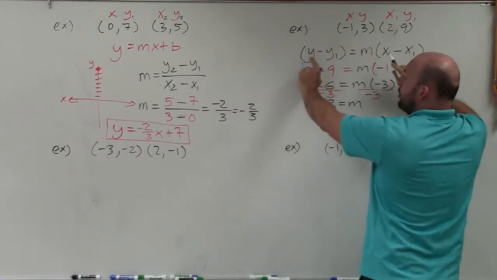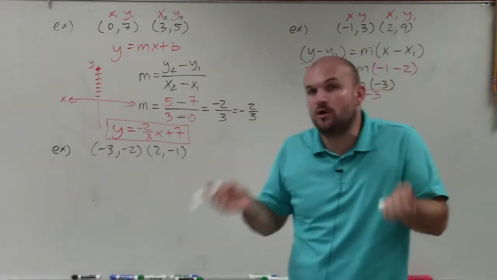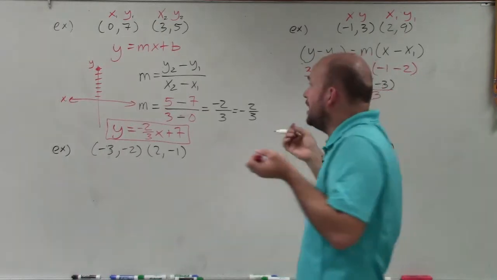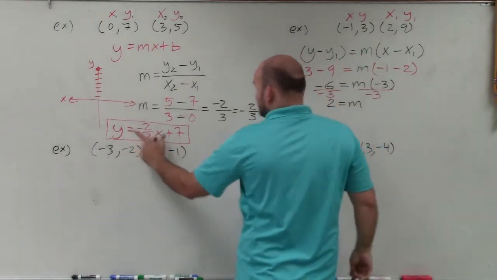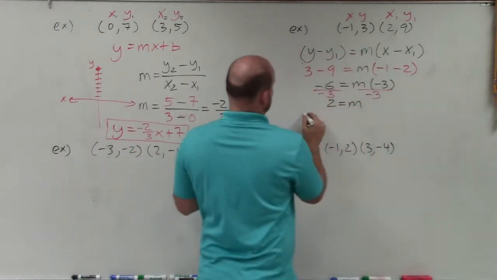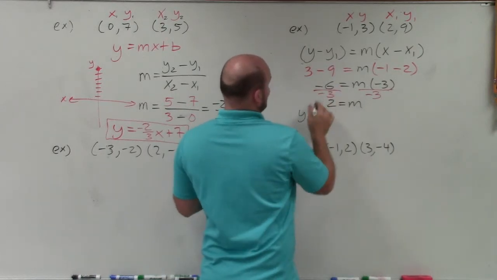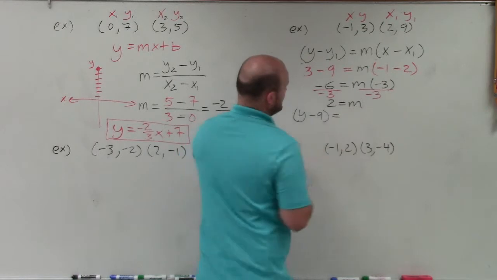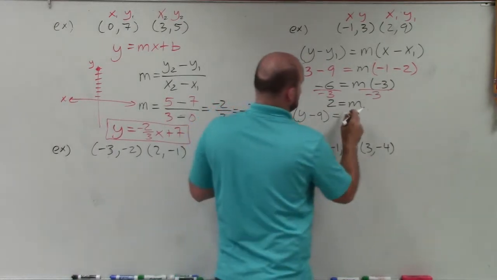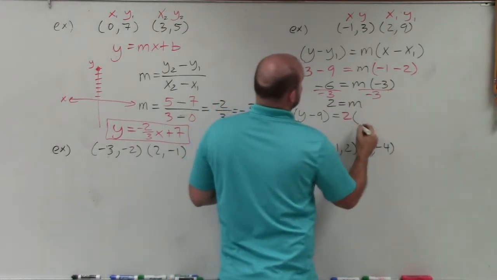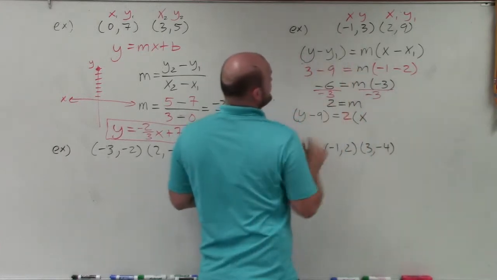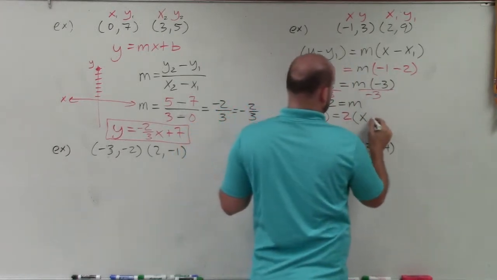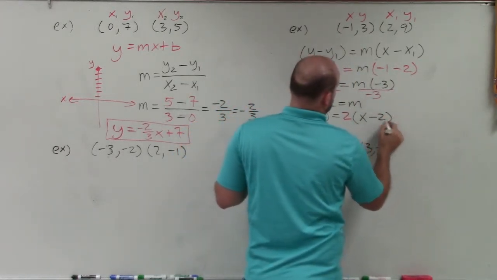And I'm going to leave y and x open because I want those to represent any points on the equation of the line. So what I'll do is y minus y1, which is 9, is equal to m, which is 2, times x minus x1, which is 2.